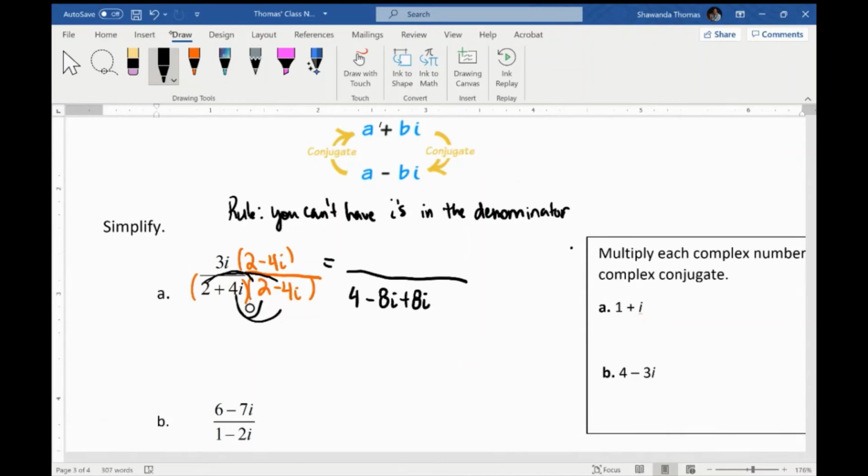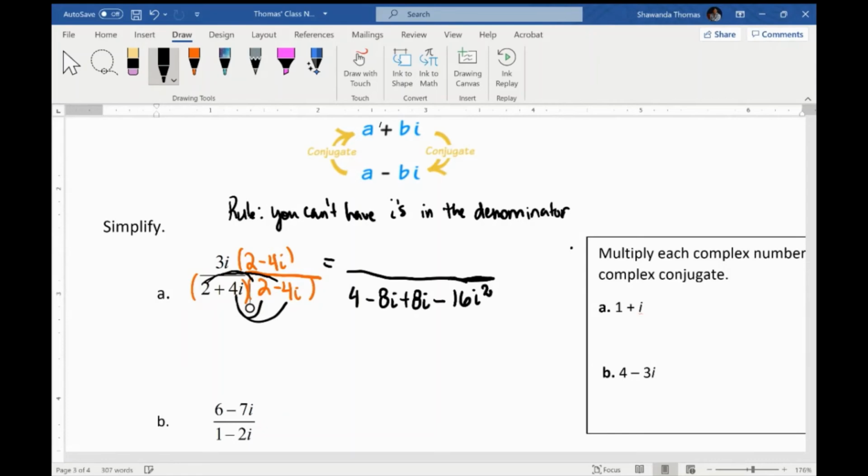And 4i times negative 4i is negative 16i squared.